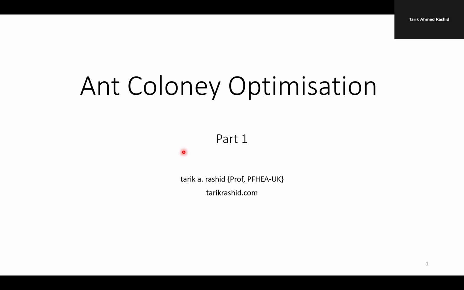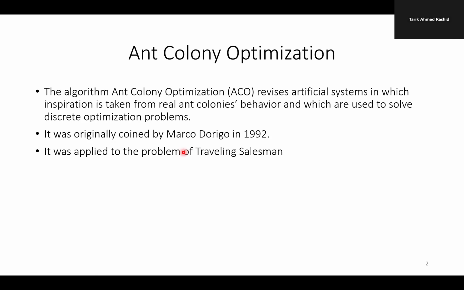So now let's hit on ACO, or ant colony optimization. The algorithm ACO is part of artificial systems, in which inspiration is taken from real ant colonies' behavior, and which are used to solve discrete optimization problems.